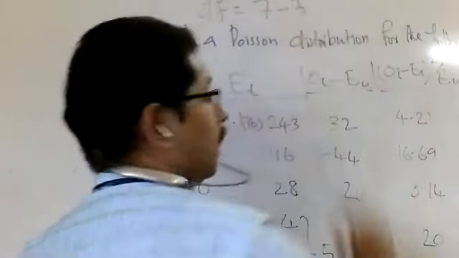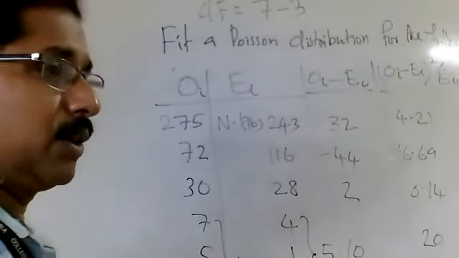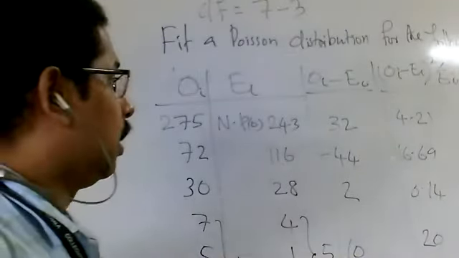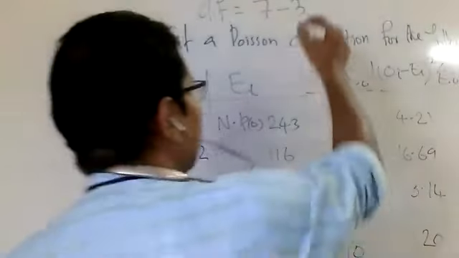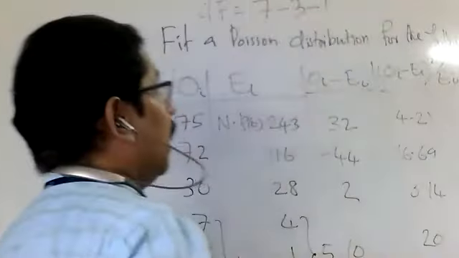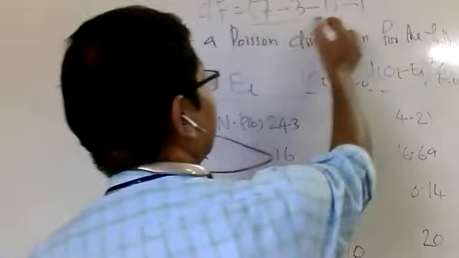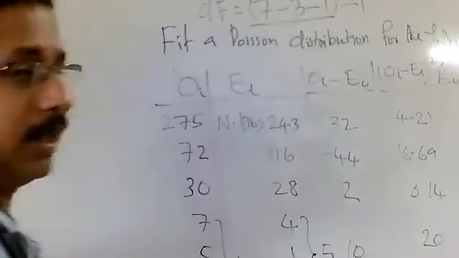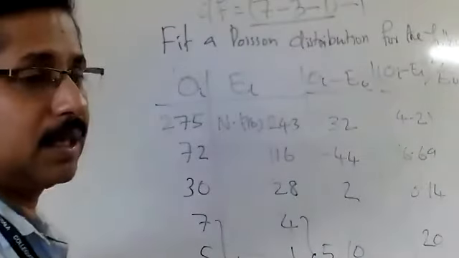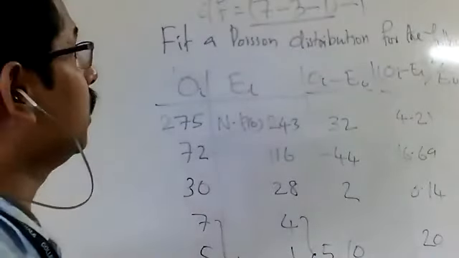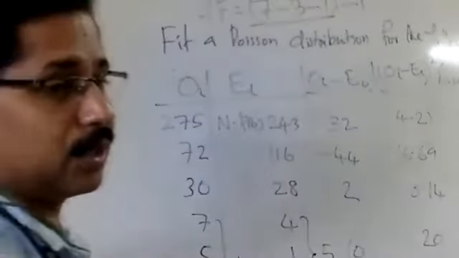7 minus 3, and for this case you used one x bar, that is lambda. One parameter is used, so minus 1. Actually this is our n here. So what is that value? 7 minus 3 minus 1, 7 minus 4 minus 1, 3 minus 1, it is 2.